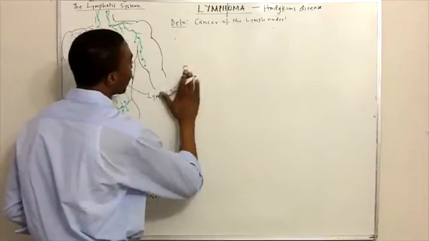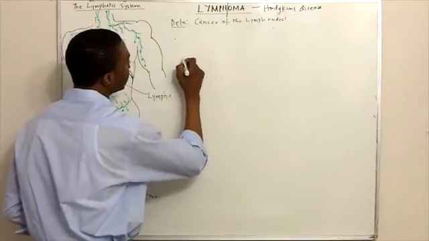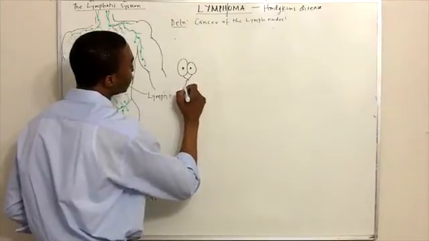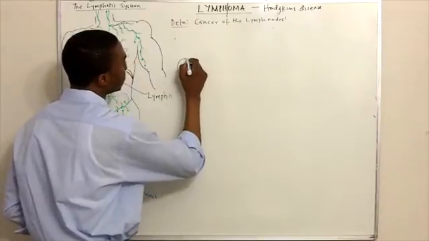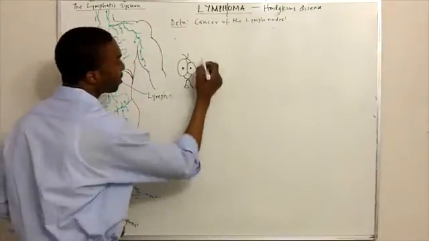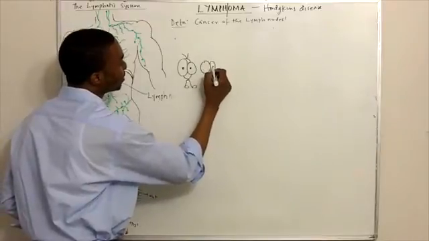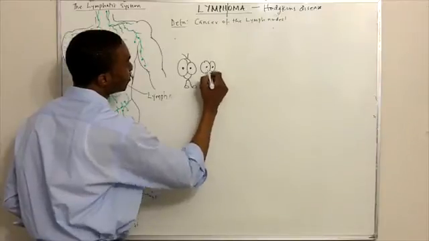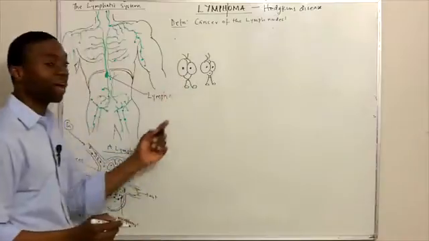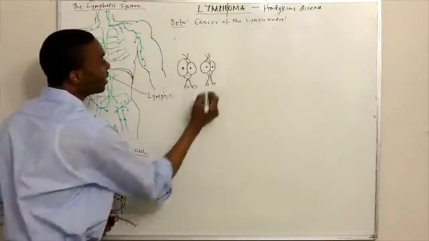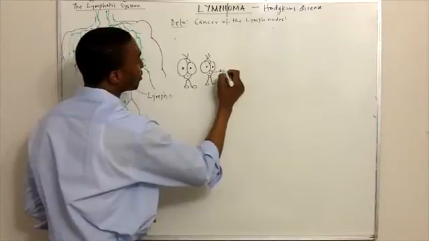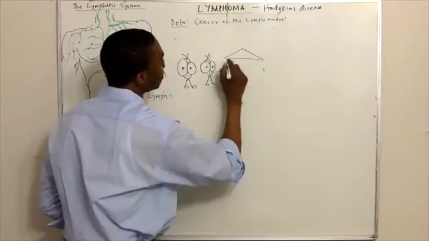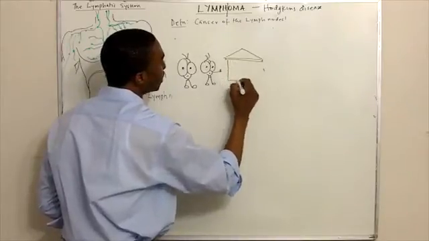So here comes the two. Here's one Reed-Sternberg, and here's his friend. They heard about a party that's going on in town. They've got the owl eyes, right? So they knock on the door, and here's the house. It's a nice, beautiful house.